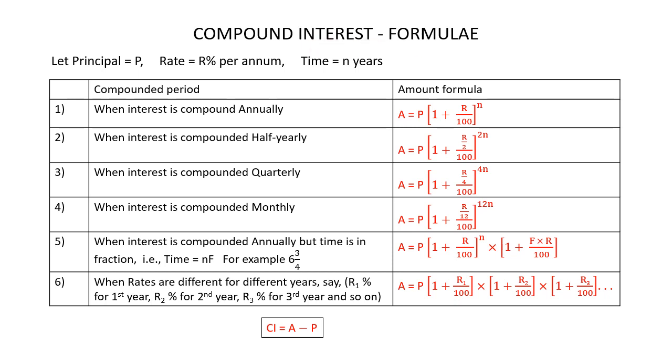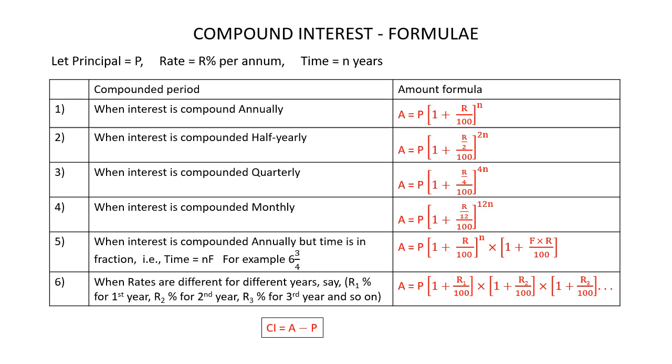Here are a few formulae which will help you to solve compound interest problems. Let principal be P, rate of interest be R percent per annum and time be N years. Now we know that compound interest is equal to A minus P, that is final amount minus original principal.